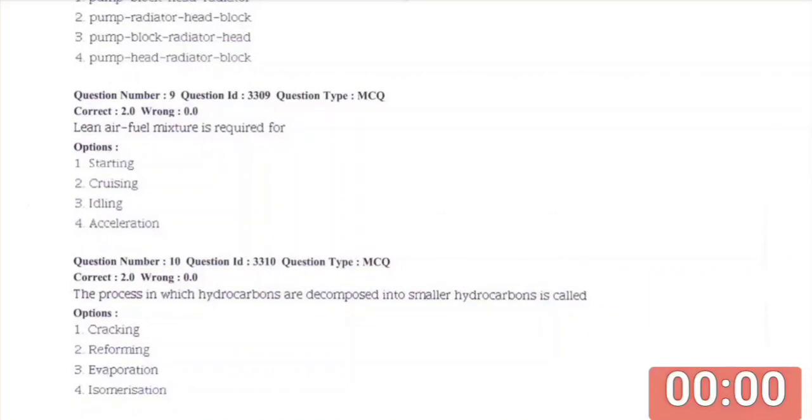Solution. Correct option is option 1, cracking. Now this question contains 4 important concepts. Let's discuss those concepts one by one.